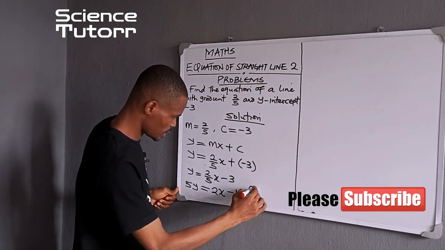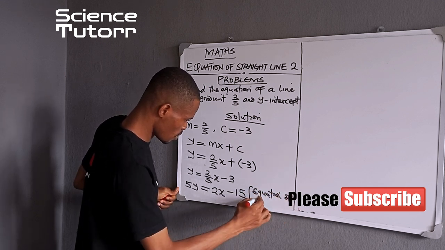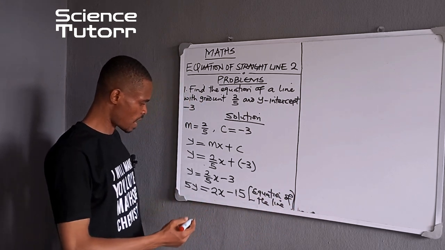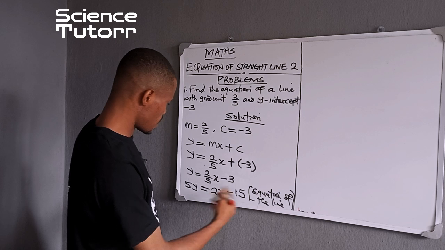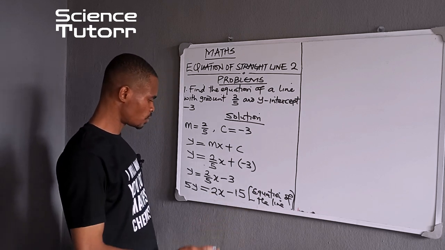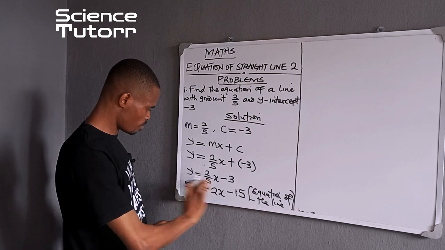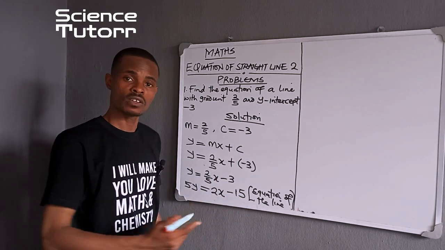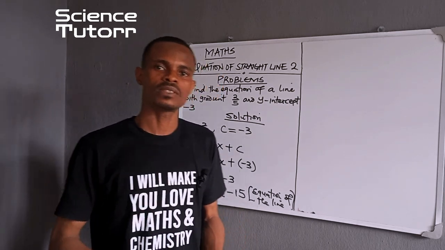So this represents the equation of the line, given as 5y is equal to 2x minus 15. You can also write it in other forms, bringing 2x to this side, but the bottom line is this is how to write the equation of a straight line using the gradient and intercept form.